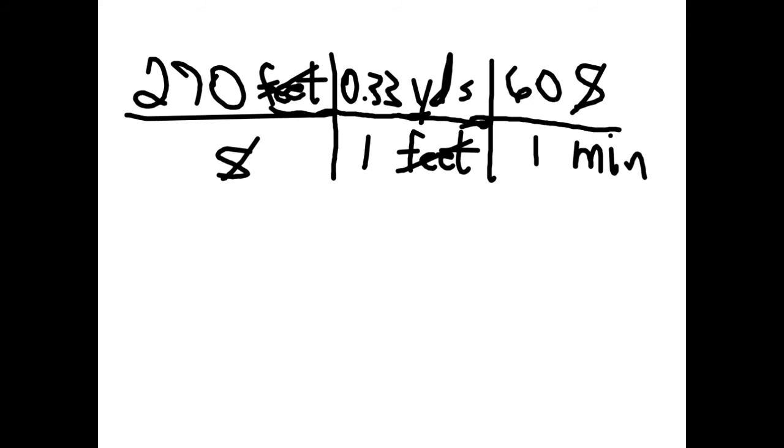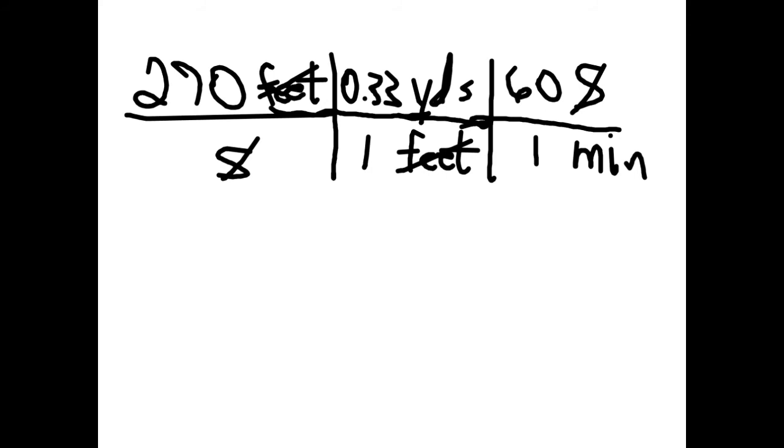How do I calculate this whole thing? Okay. I don't have to divide by anything because it's all 1 on the bottom, right? So there's no division that needs to take place because everything on the bottom is 1. All right. So 270 times 0.33 times 60.